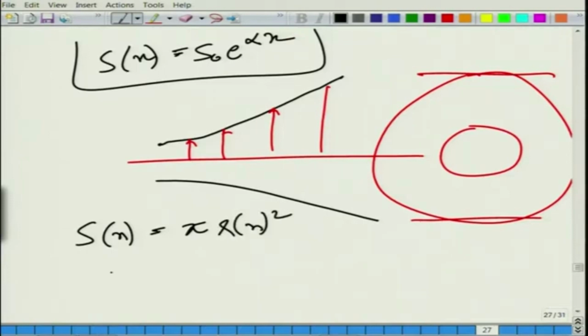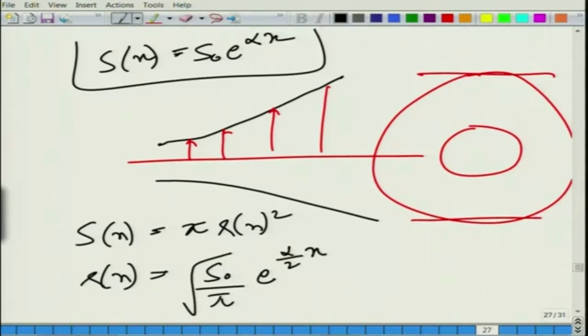So, r as a function of x becomes square root of S naught by pi into e to the power alpha by 2 into x, isn't it? So, it is just another constant. Basically the idea is that a duct whose radius is gradually increasing exponentially does have an analytical solution for one dimensional acoustic wave propagation, and let us see what we get.